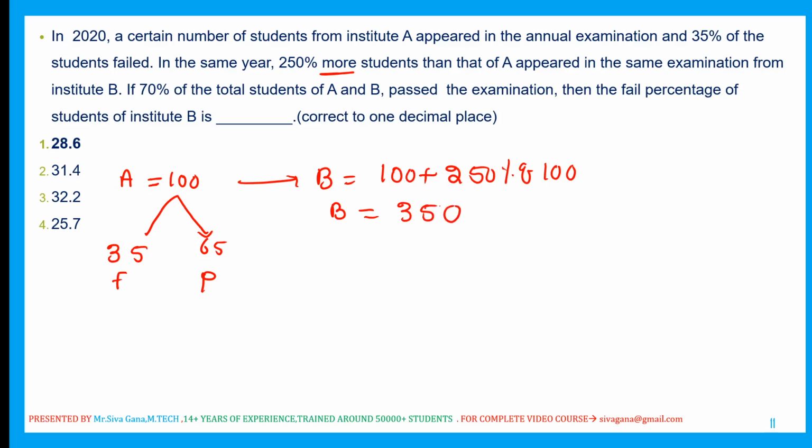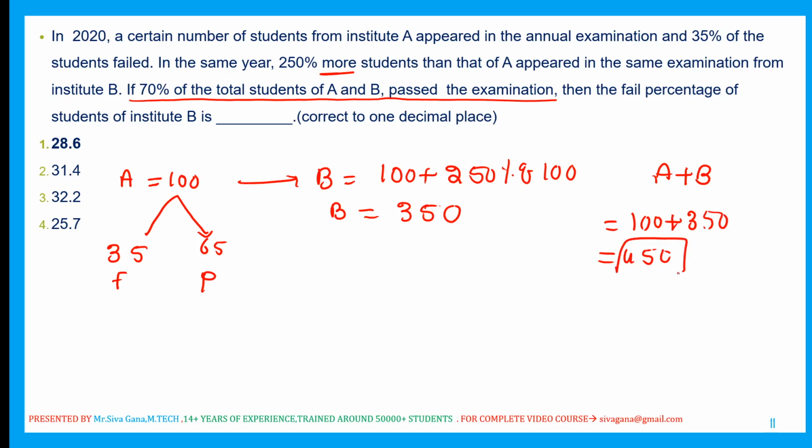If 70% of the total students of A and B passed the examination, then from A and B, how many appeared? From A 100, from B 350, total 450 appeared.